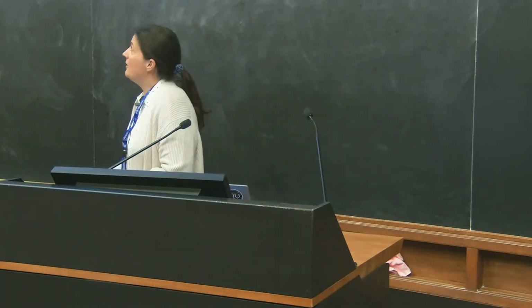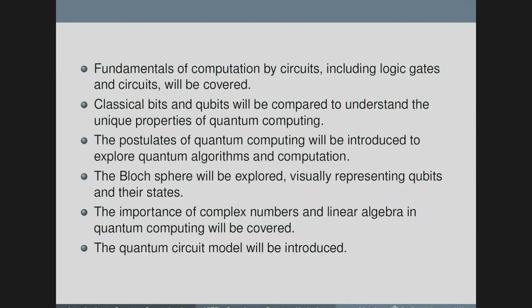Okay, great. Let's quickly go over the topics I want to cover in the next hour. It's quite a lot of material. First, I want to tie on to what you have heard and talk about logical bits in a classical sense. Then I want to introduce the idea of classical bits versus qubits and how the unique properties of quantum computing come into play.